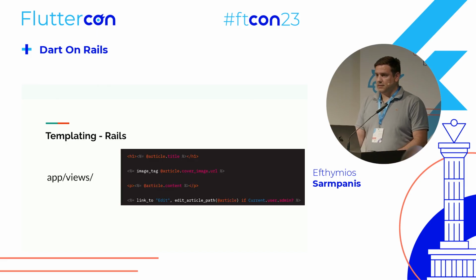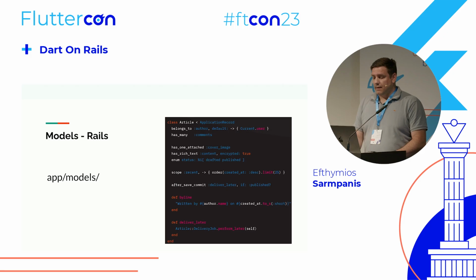For templates, all of the templates reside in the app's views folder. And they use what's called a Rails app template, which is basically HTML where you can interpolate code or data that you want to display. So that's the views on Rails. The models, they use Active Record, right?